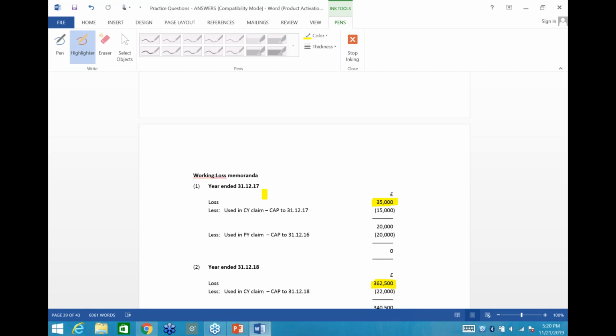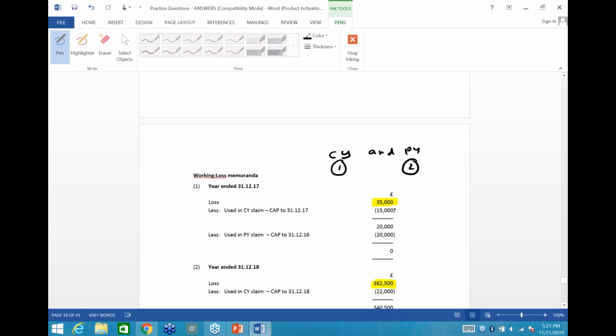Terminal loss relief is anyway not available. This is an ongoing business. Then you have only one other option available. If you want to get the relief as early as possible, then you have one option as a company, that is the loss relief against the current year first and then the previous year.